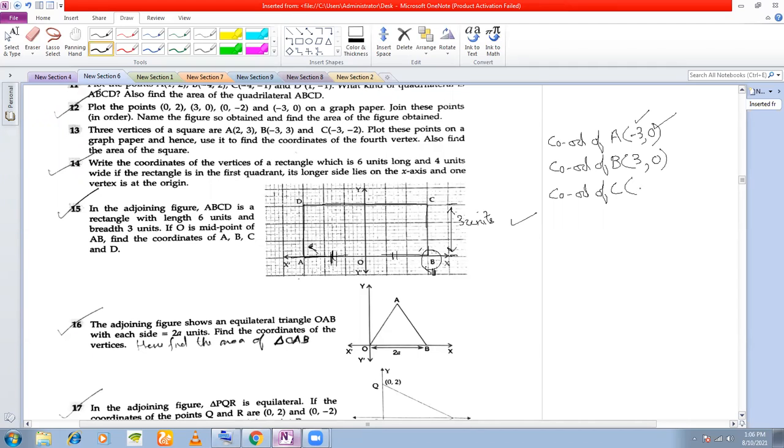Tell me the coordinates first. What should be the coordinates? Sir, 6. Only 6. A coordinate has 2 numbers, isn't it?